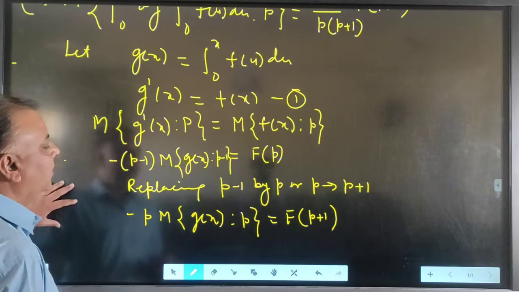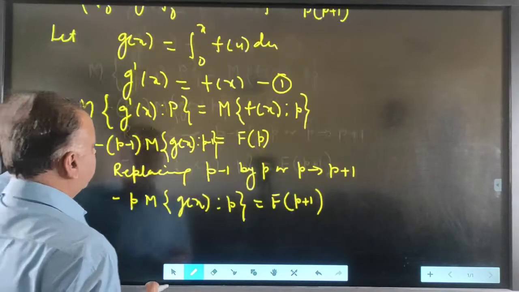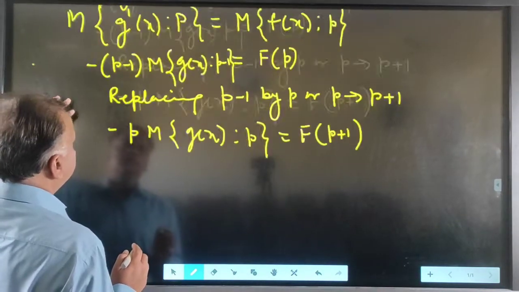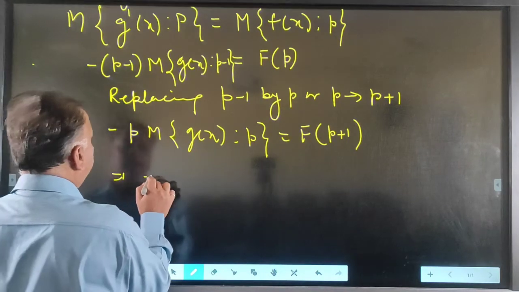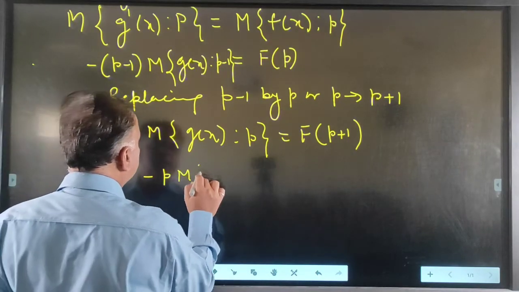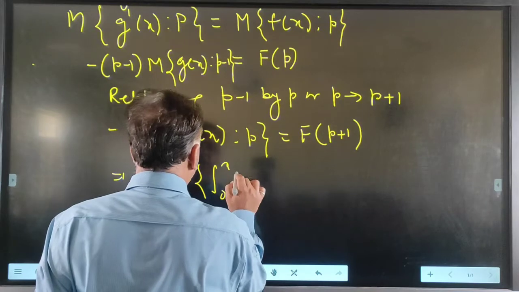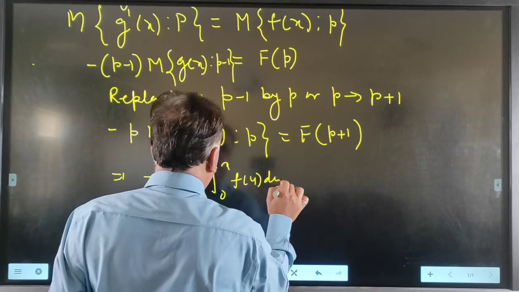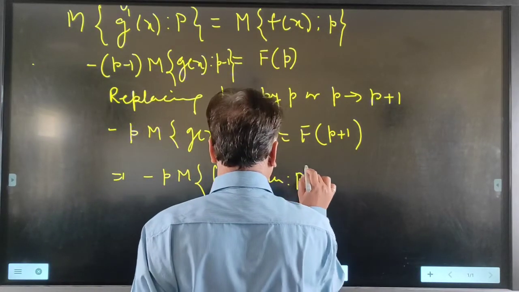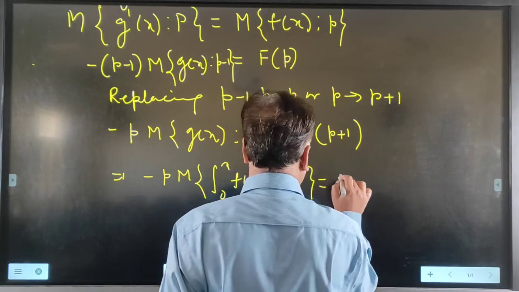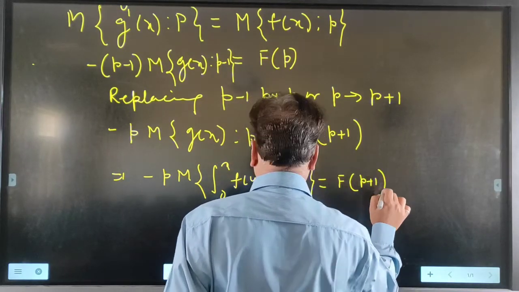Now putting the value of g(x), we get minus p times the Mellin transform of the integral from 0 to x of f(u) du with respect to p is equal to F(p plus 1).